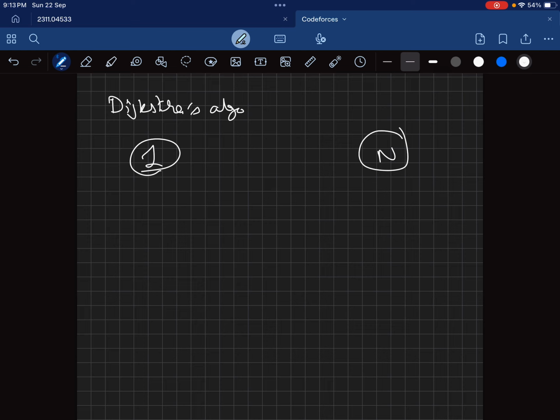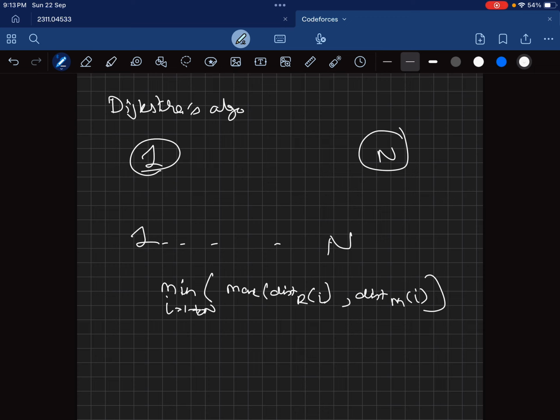And then for every vertex from 1 to n, we would have calculated the following value: min over all i's from 1 to n of max of distance of Robin at I and distance of Marianne at I. We would have calculated this distance.